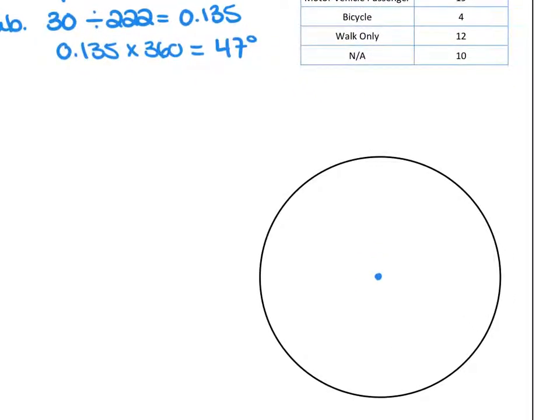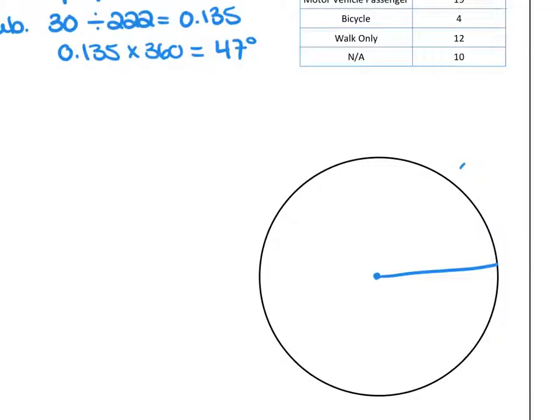And then what you're going to do is we're going to start with a starting line. And that's our beginning. And then we're going to take our protractor, if you've got one, and measure 47 degrees. So you guys can't see my protractor, but I'm going to put a protractor on here and measure out 47 degrees or approximately.